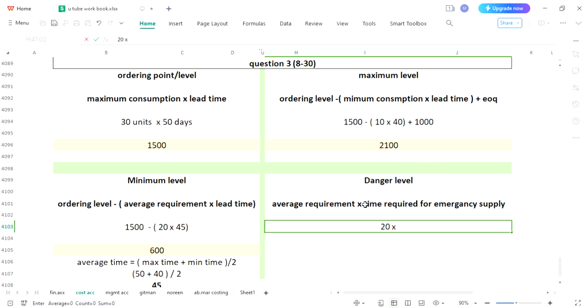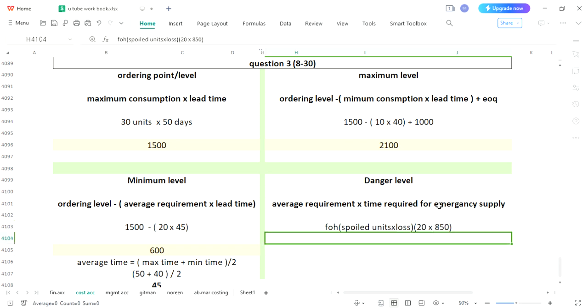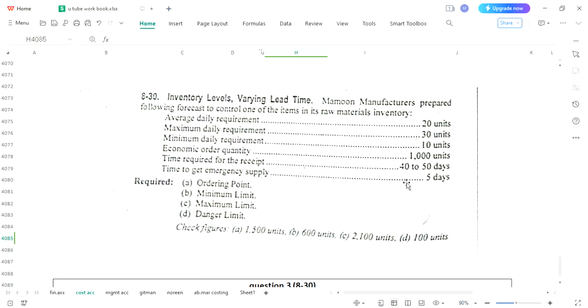Here is your formula, and now you need time required for emergency supply. Please understand that this time was the lead time, the time required for the receipt, the normal time you can understand. But here separately it has been mentioned, time to get emergency supply, which is 5 days.